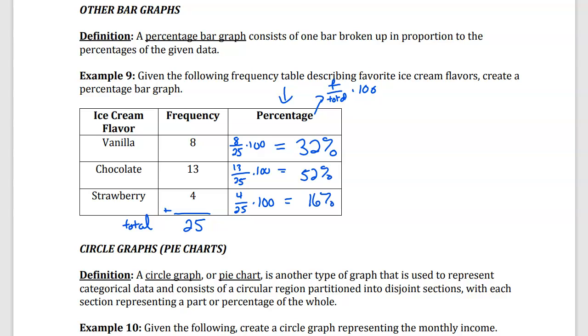So when you want to do a percentage bar graph, instead of frequency on the vertical axis, you will do the percentage. And so we will have favorite ice cream flavor.